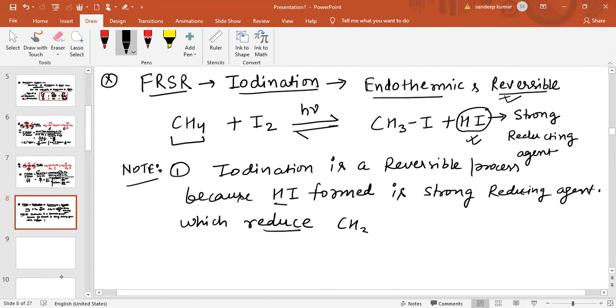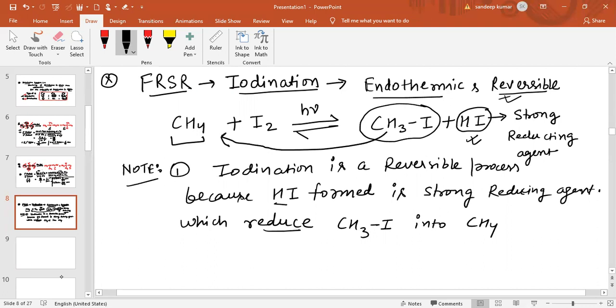As HI is a reducing agent, it will reduce CH3I back into CH4. So we require a strong oxidizing agent for the reaction to be completed.